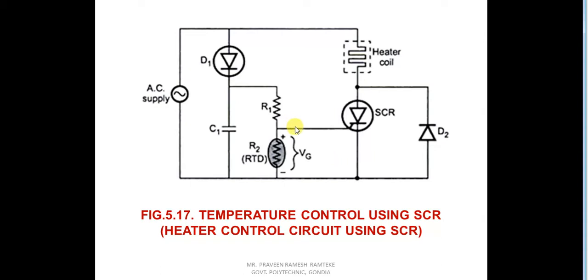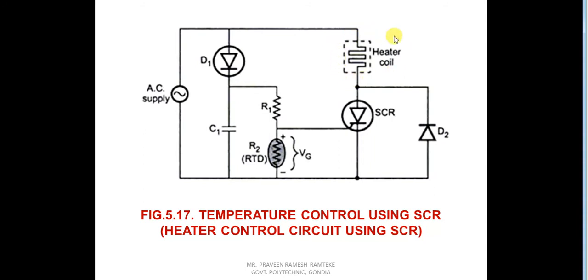Then the resistances R1 and R2 are connected to the gate of the SCR. A diode D2 is connected in parallel with the SCR.